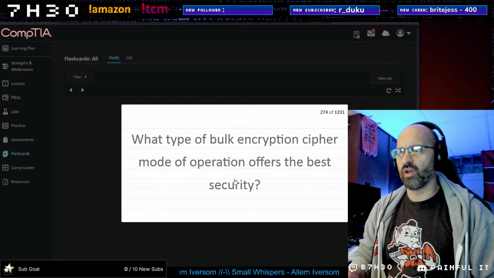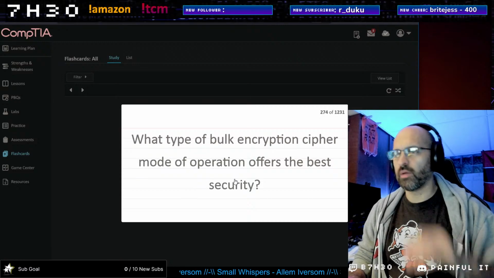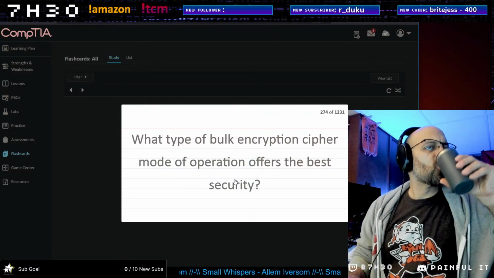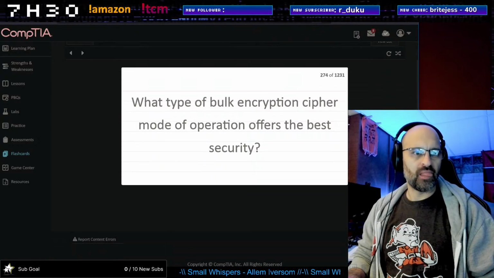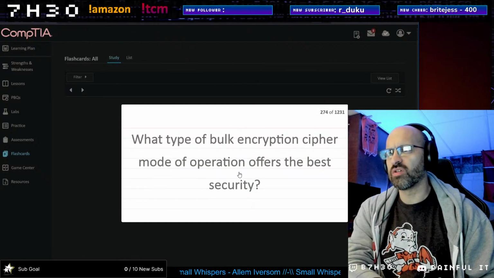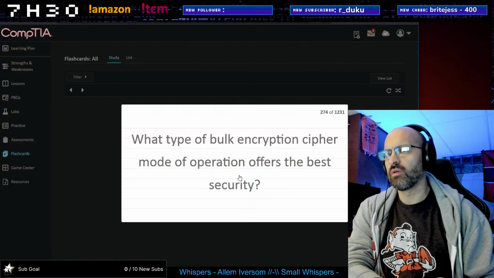What type of bulk encryption cipher mode of operation offers the best security? Bulk encryption mode. Bulk encryption cipher mode.